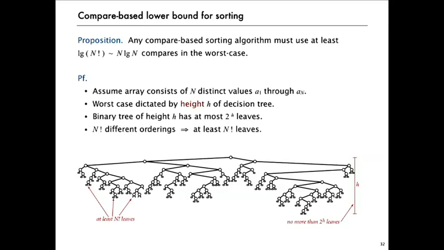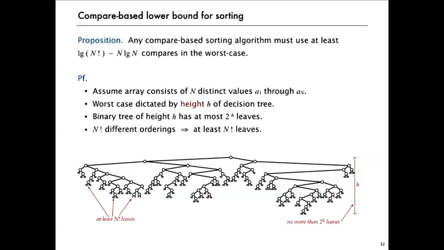The proof generalizes what I talked about with the decision tree on the last slide. We assume that the array consists of n distinct values, and there's a decision tree that describes the compare sequence done by any algorithm to determine the n factorial different orderings.